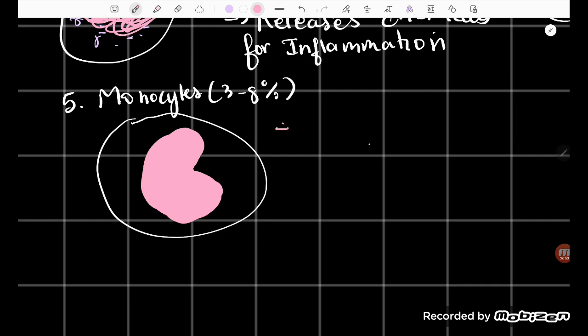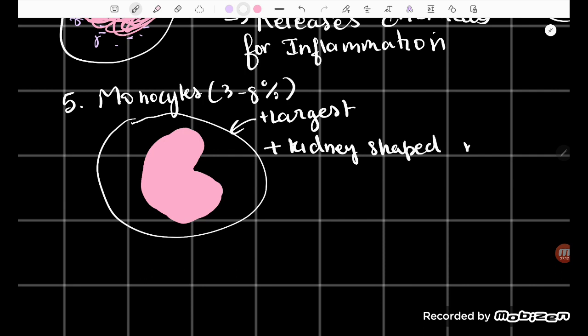So the points here: largest, kidney shaped nucleus, and the function is to ingest germs.